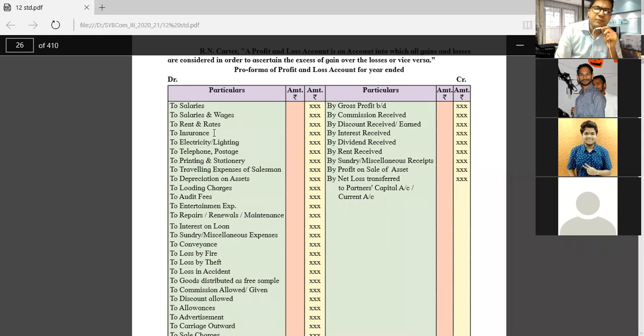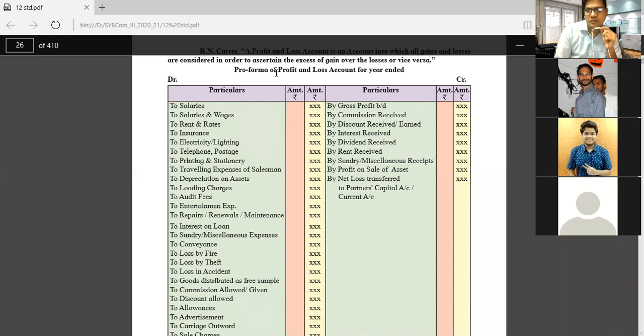Then sundry and miscellaneous expenses. Some expenses which are miscellaneous, small amount of expenses, very trivial expenses. Such expenses we have to debit. Then after that, conveyance, loss by fire, loss by thief, loss by accident.